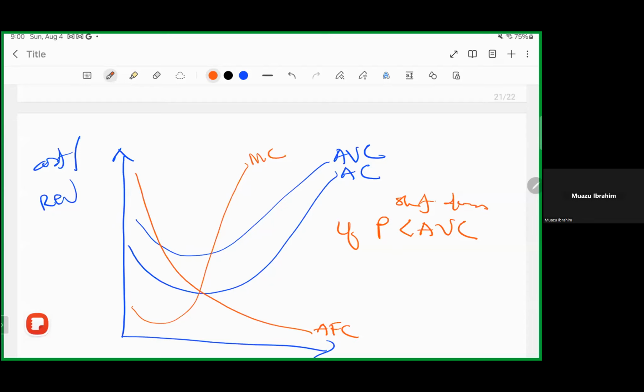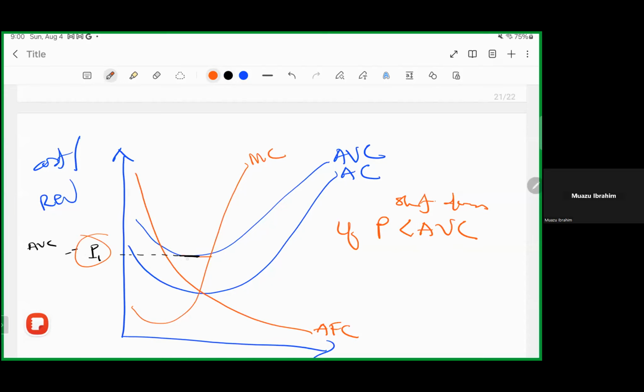So what is the minimum of the average variable cost? It's here. This is the minimum of what? The average variable cost. So at this particular price, average variable cost is minimum. Which means that you as a firm should never sell your product below this particular price, P1.